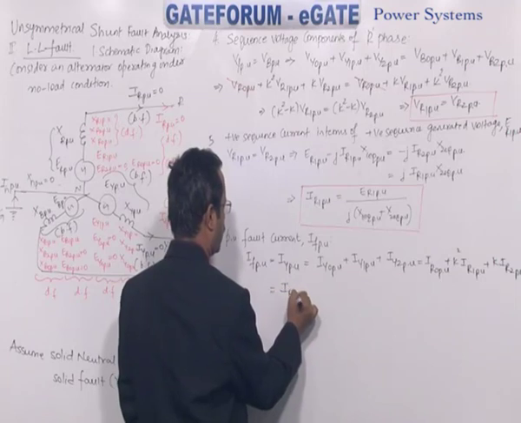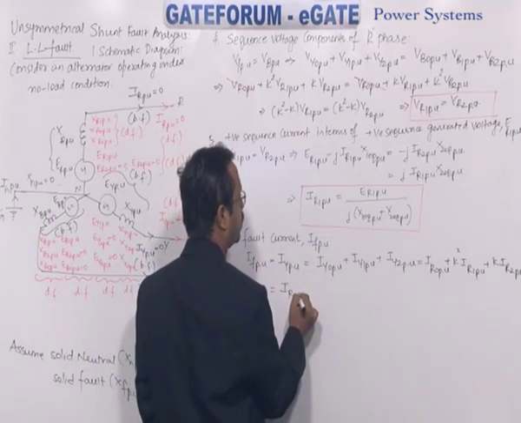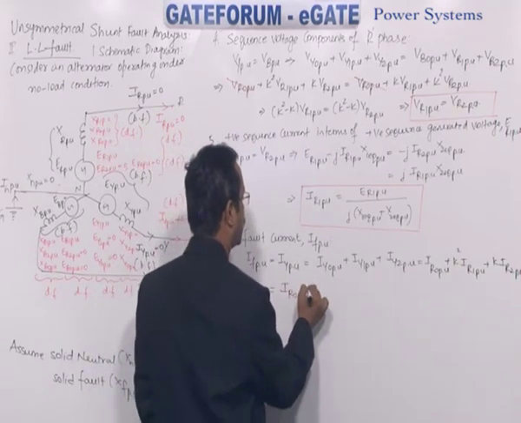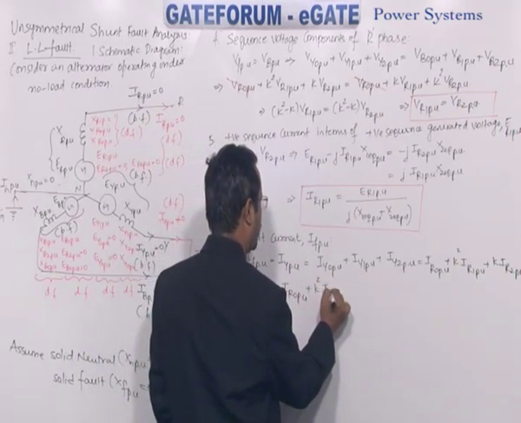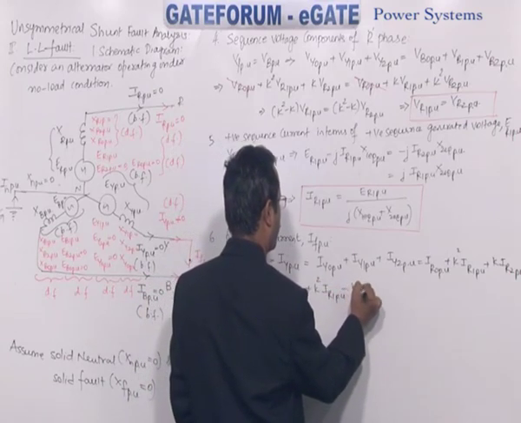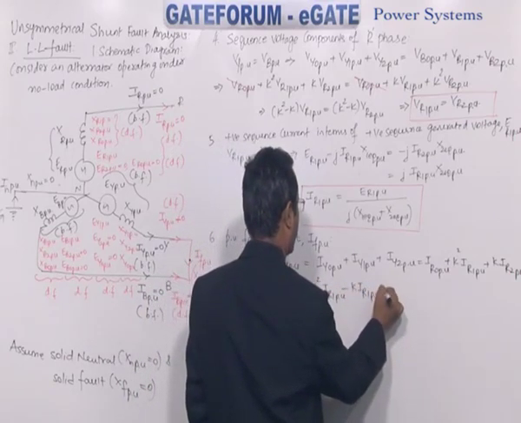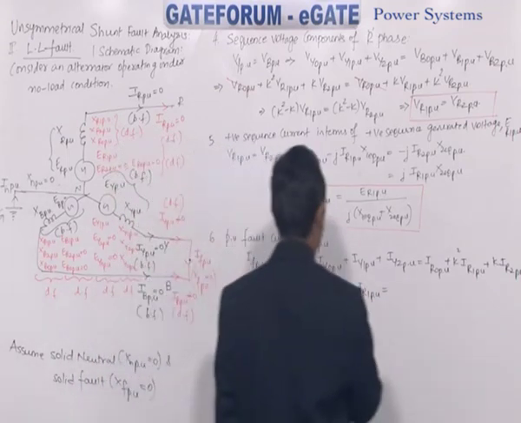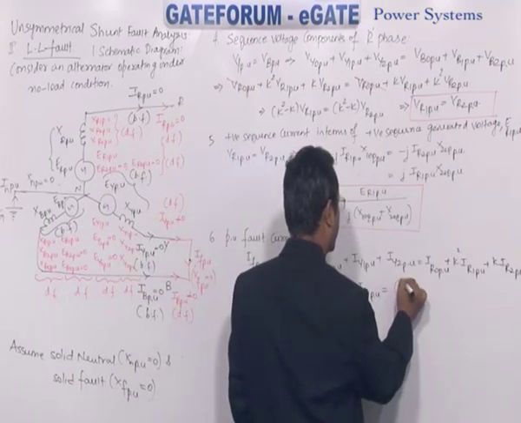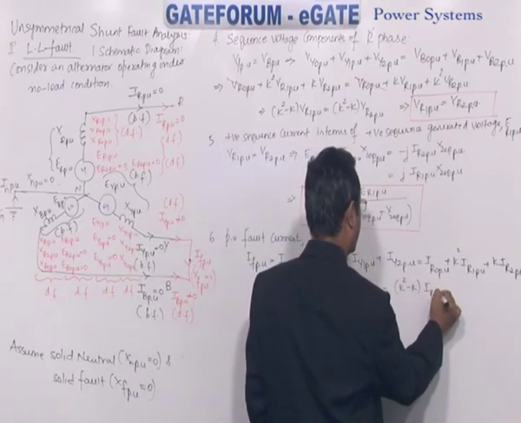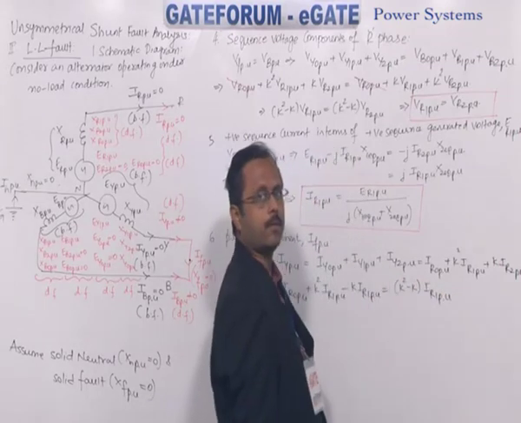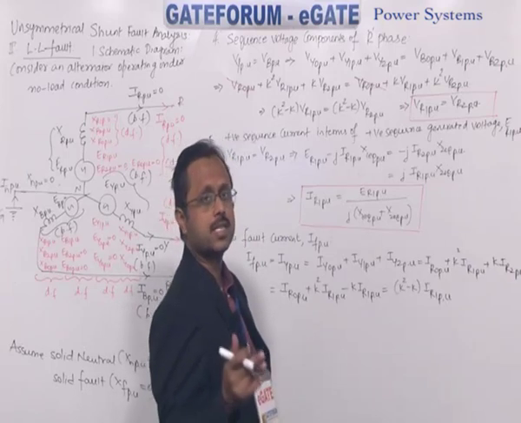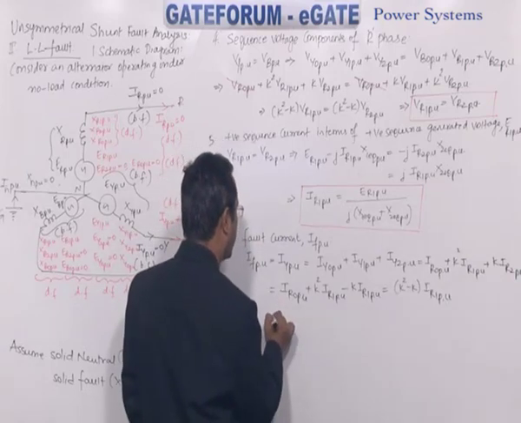So we have IR0 per unit, IR2 we write minus IR1, and how much IR0 per unit is for line to line fault? 0. So we write only K square minus K IR1 per unit. And what is the value of K square minus K? You get minus J root 3. You show the magnitude here.